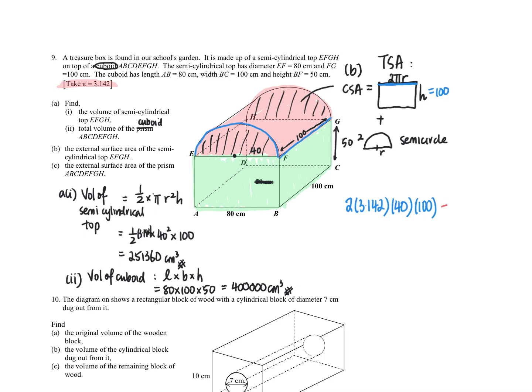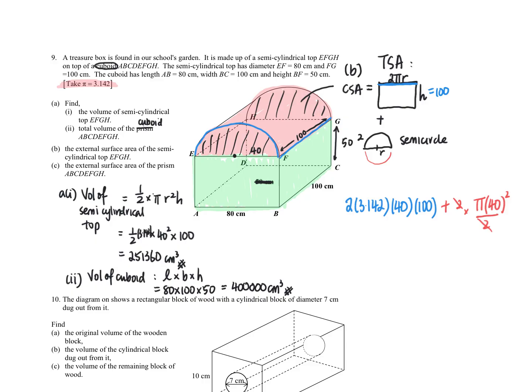Next one is the semicircle. Pi r square. Semicircle is half of it. So 2 of it joined together, I get 1 full circle. So you can just add 1 pi r square and that will do. Or if you prefer, you half first, then you times 2. But it's the same thing. You still get 1.